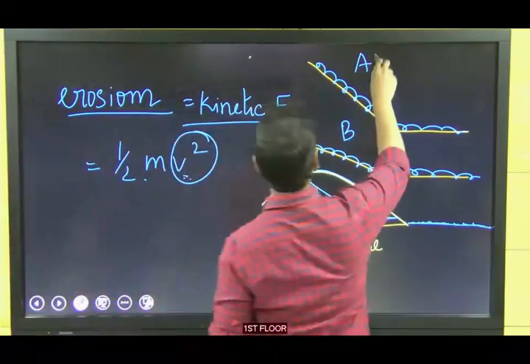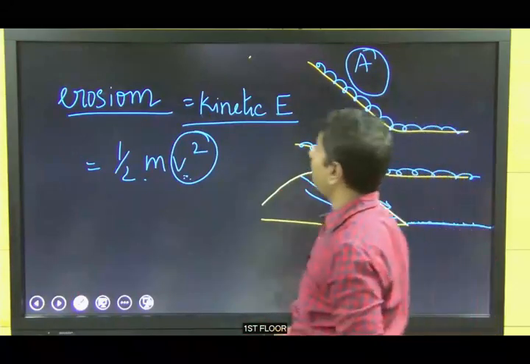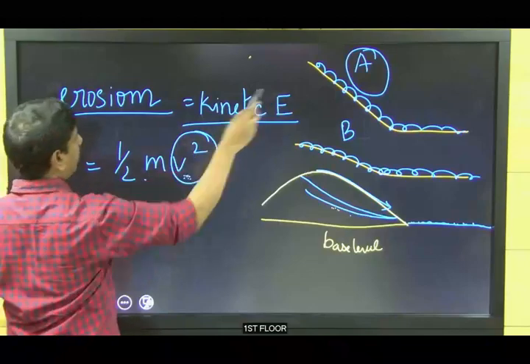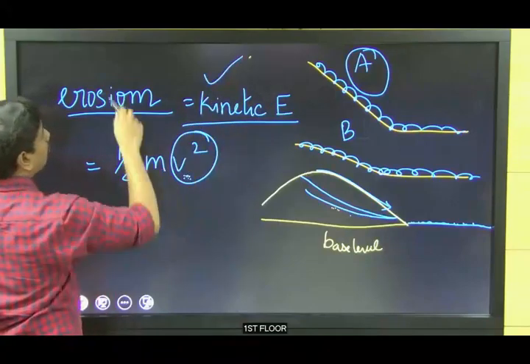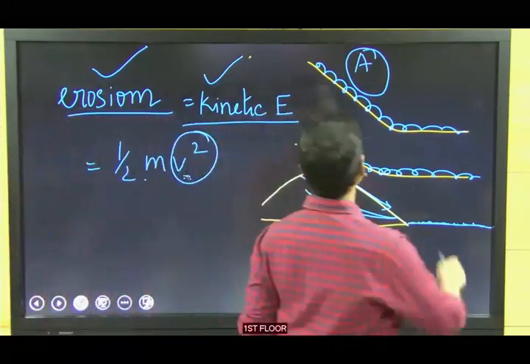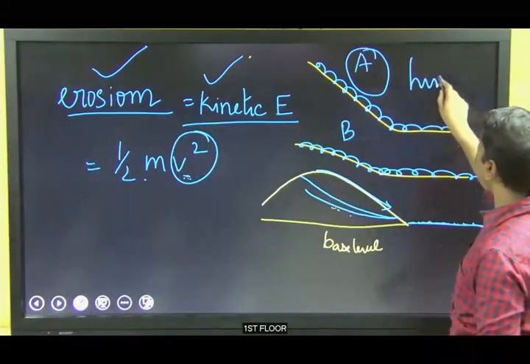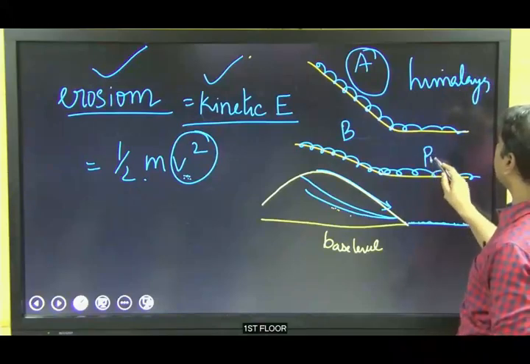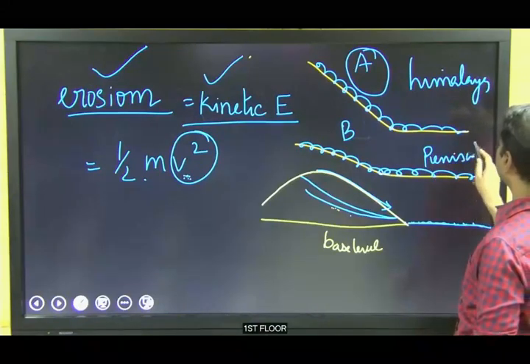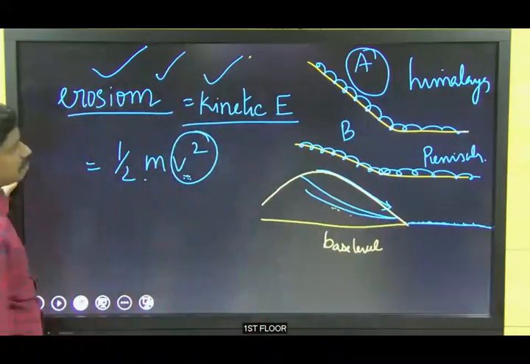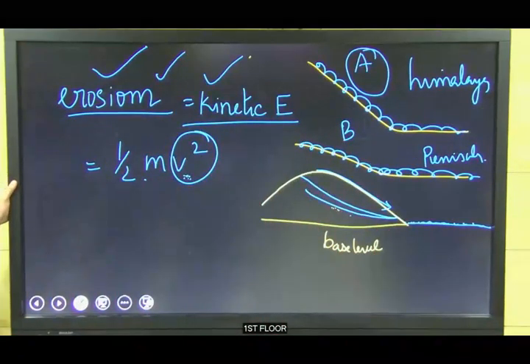Okay, in case of A, velocity is more. So in case of A, the kinetic energy will be more, the erosion will be more. Okay, because of that, this is the case of Himalayan rivers, and this is the case of peninsular rivers. So the erosion capacity will be more for Himalayan rivers.